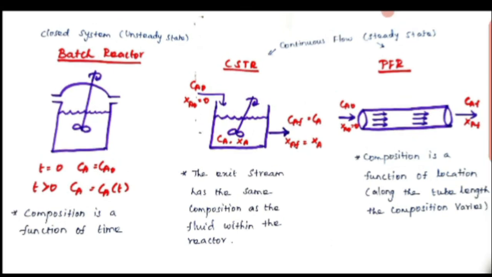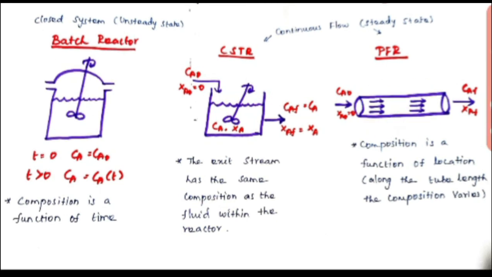Here the flow of fluid through the reactor is orderly, and no element of fluid overtaking or mixing with any other element of fluid ahead or behind. There is no mixing along the tube length. There might be lateral mixing of fluid in the reactor.